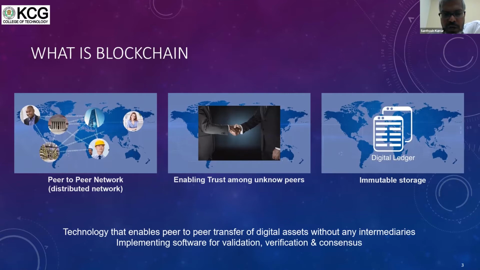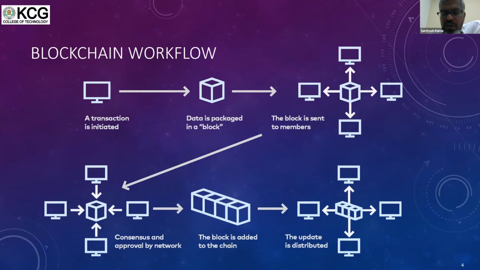Now let's look at the typical workflow of a blockchain. I think most of you are familiar with blockchain. The end user initiates a transaction. Transactions could be finance, transactions could be non-finance.